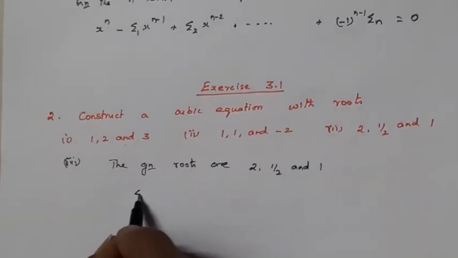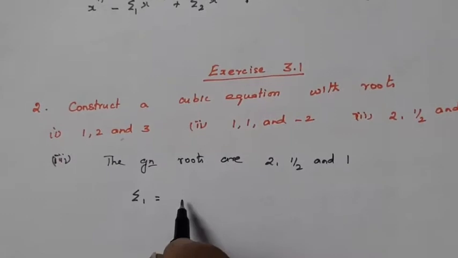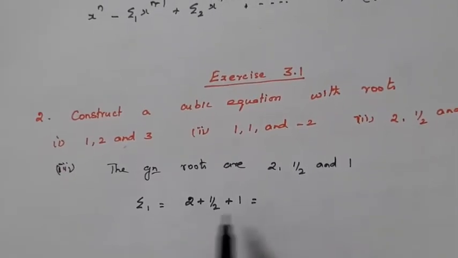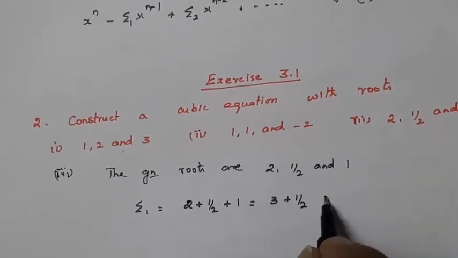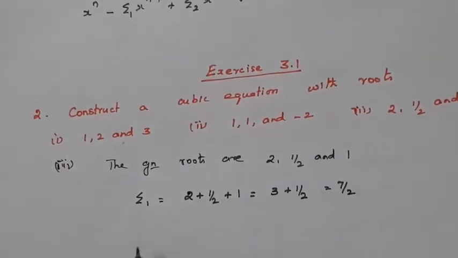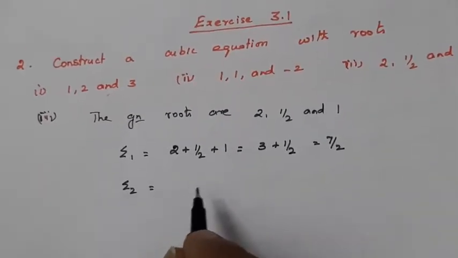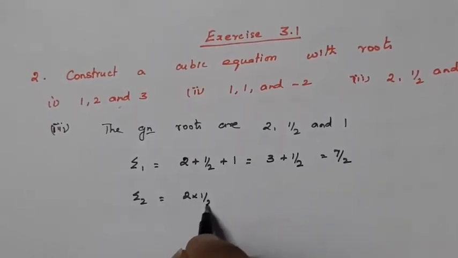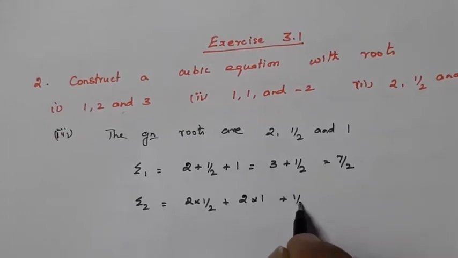First, let us find sigma 1. Sigma 1 is the sum of all the roots, that is 2 plus 1 by 2 plus 1. So 2 plus 1 is 3, plus 1 by 2: 2 threes are 6, 6 plus 1 is 7 by 2. Then sigma 2 represents the sum of the product of the roots taken 2 at a time, that is 2 into 1 by 2, plus 2 into 1, plus 1 by 2 into 1.